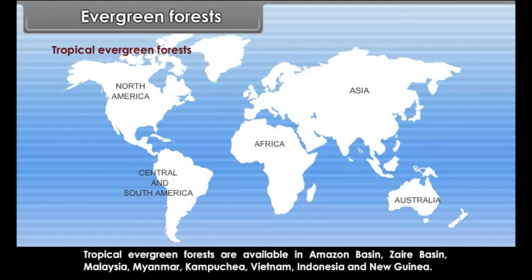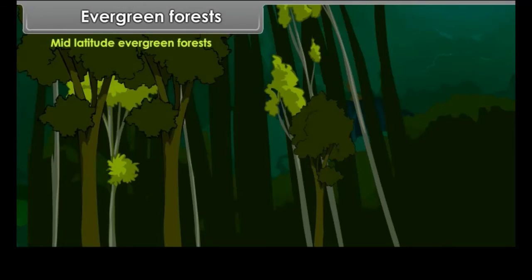Tropical evergreen forests are available in Amazon Basin, Zaire Basin, Malaysia, Myanmar, Cambodia, Vietnam, Indonesia and New Guinea. Mid-latitude evergreen forests. These forests are found on the eastern margins of continents.